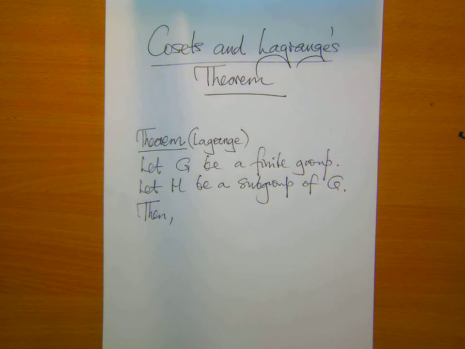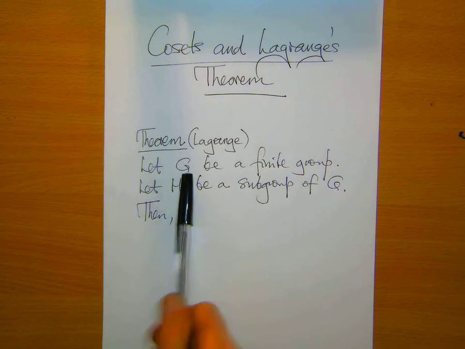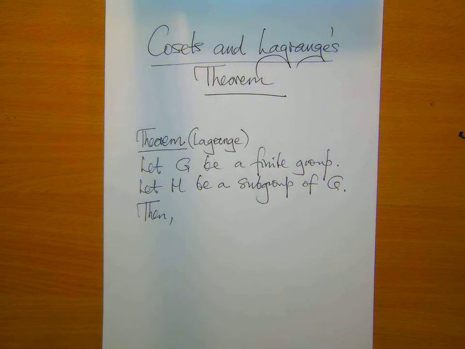For cyclic groups, we had this fundamental theorem that says for every divisor of the order of G, there is exactly one subgroup of a cyclic group with that order. So, in particular, the order of any subgroup divides the order of the whole group.